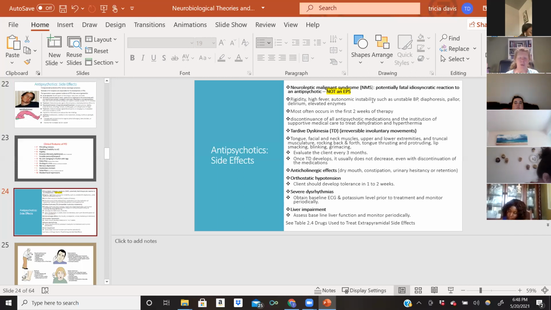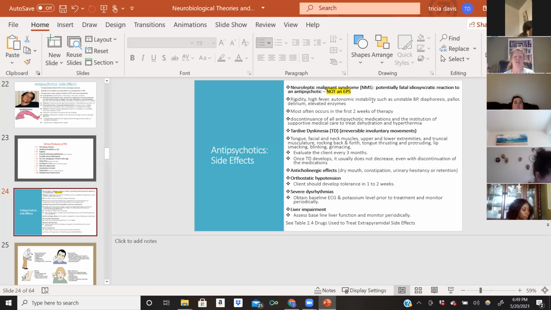So depending on which medication you're going to prescribe, if it's one that has a high likelihood of causing dysrhythmias, before the doctor starts the patient on it, the doctor would order a baseline ECG or EKG and a potassium level. These medications will affect the potassium in your body, which we know what potassium does, right? It affects our heart. So that's why they're at risk for developing these dysrhythmias. So get that baseline ECG, check the potassium levels, and then monitor them periodically.